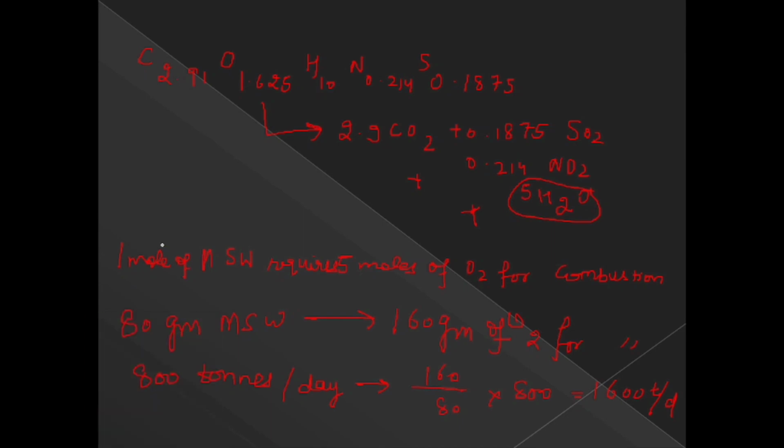Now what is the amount of air required? Air required is equal to 1600 divided by the oxygen fraction, given as 23%.